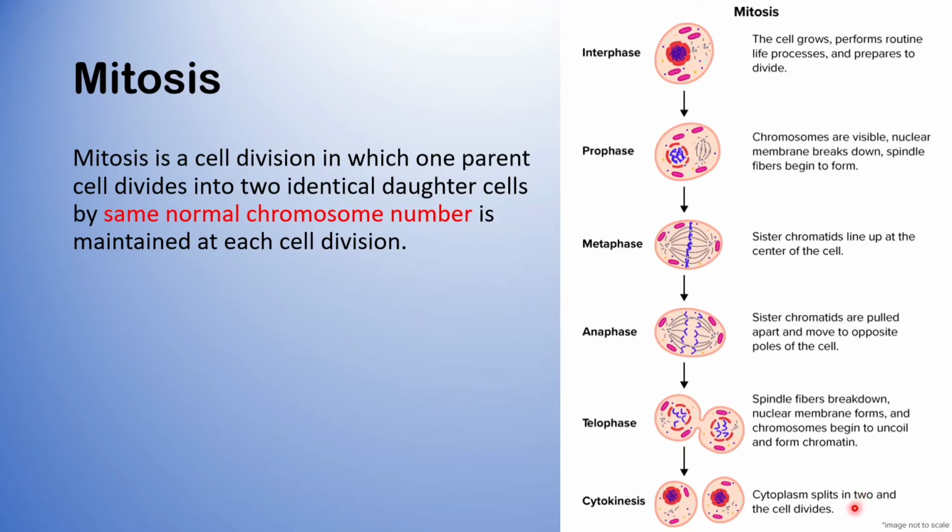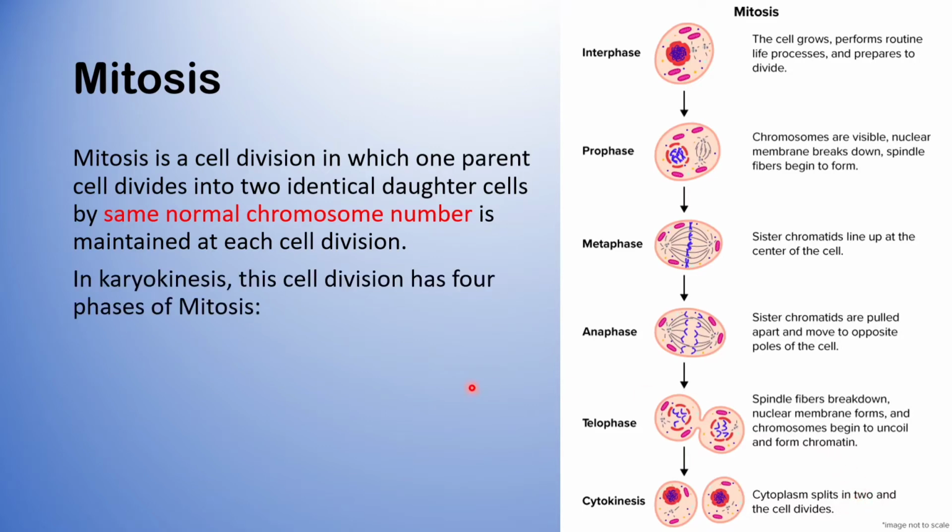Okay, so let's move to karyokinesis. There are two types of division in mitosis: karyokinesis and cytokinesis. Karyokinesis means the division that takes place in the nucleus.